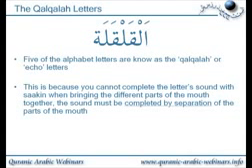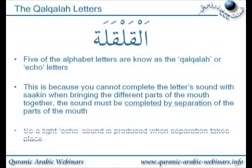The sound must be completed by separation of the parts of the mouth. So with these 5 letters, when you add this sukoon, you have to bring your mouth parts together, but you cannot complete the pronunciation of the sound until you separate your parts of the mouth again. So it's slightly different just for these 5 letters. This causes a slight echo sound which is produced with the separation, and we'll explain this on the next slide.